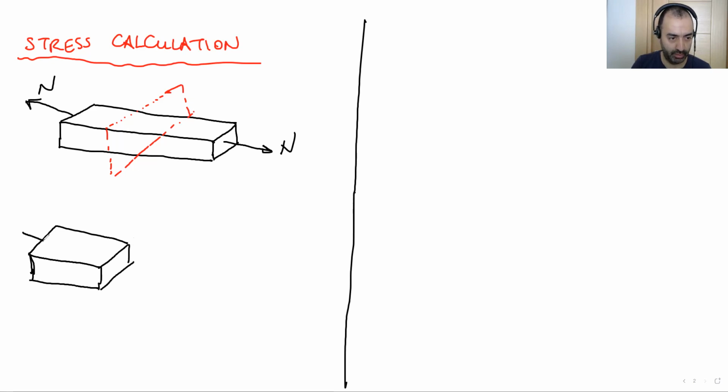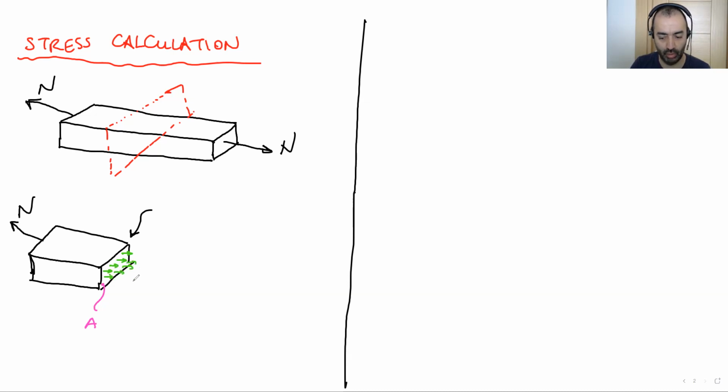So we have an axial force over here. This is the surface, this portion is the surface where we cut the system. So there's an area here, and we have some small forces for all unit area.